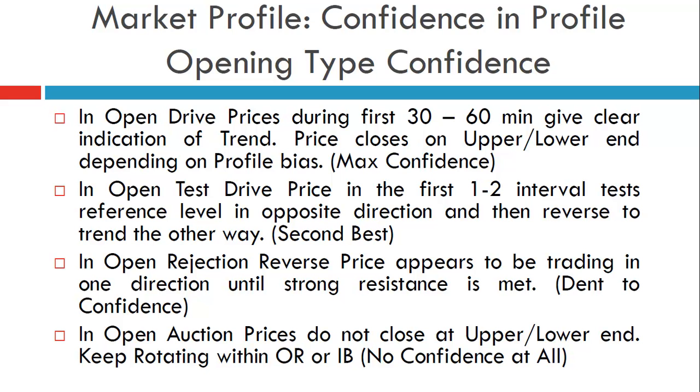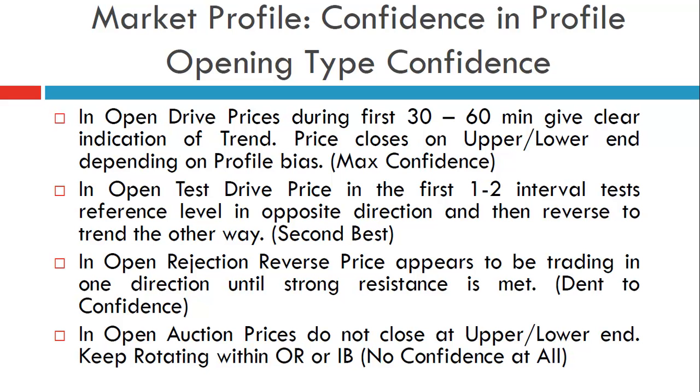In open test drive, what usually happens is that in the first two intervals, let's say 30 minutes, 60 minutes, the market tends to test some reference level that we spoke about previously, let's say a value area high or a value area low, or the low of the day or the high of the previous day, and then it rallies back in the opposite direction.